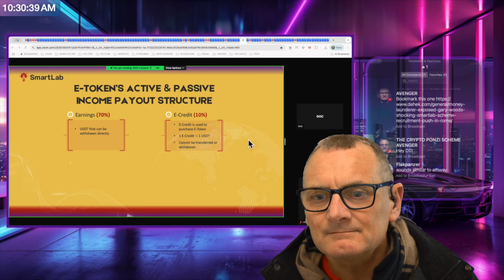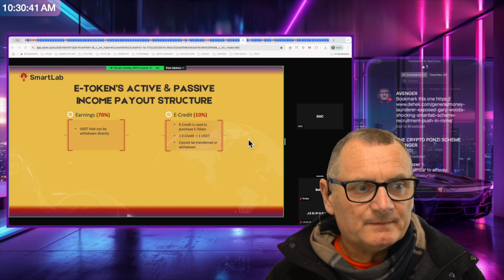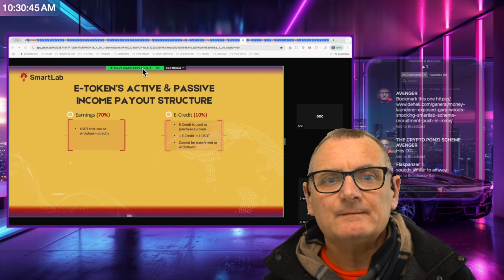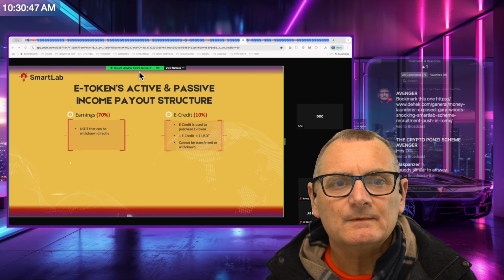They can't be transferred or withdrawn, but you take your e-credits every Sunday evening and you convert them over to e-tokens, and that helps push us towards the next split.